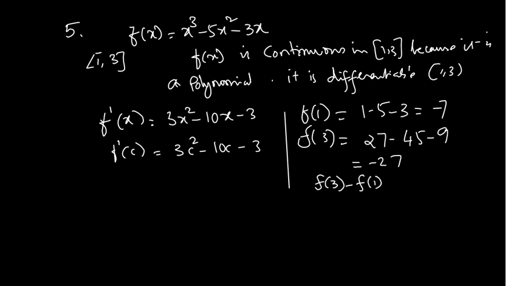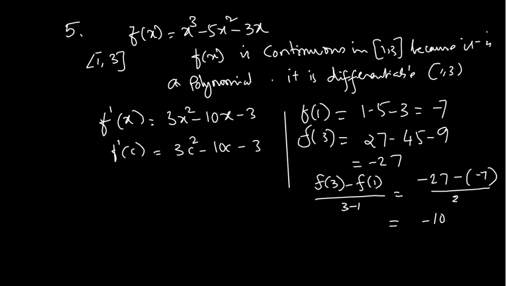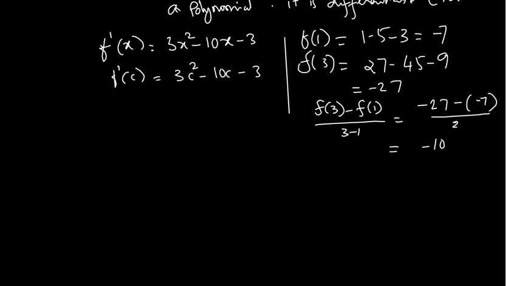So factorize 3c squared minus 3c minus 7c plus 7 equals 0. So 3c into c minus 1 minus 7 into c minus 1 equal to 0. 3c minus 7 equal to 0, c minus 1 equal to 0, c equal to 7 by 3 or c is equal to 1. What was our interval?